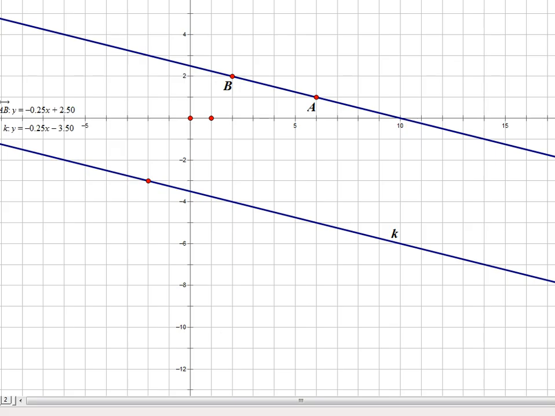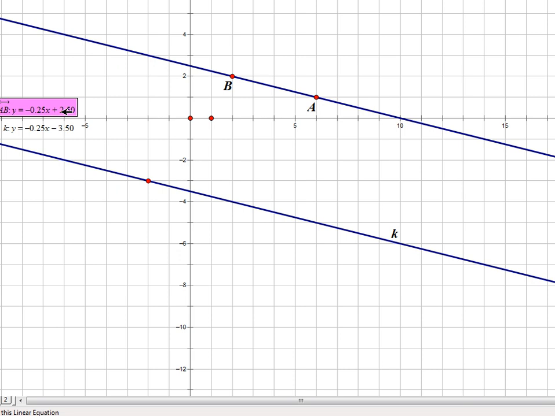Before we go on, I want to talk to you guys about parallel and perpendicular lines, and see if we can figure out some information, because there's more that we need to talk about on those definitions. So what I have here is a couple of parallel lines. How do I know they're parallel? Because it seems like they never cross. What I'm going to do is move around these parallel lines.